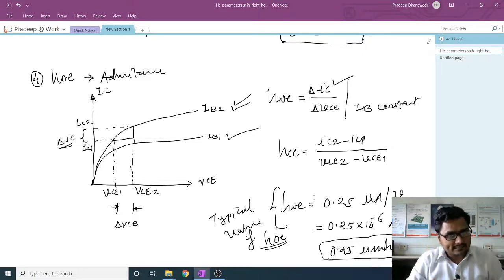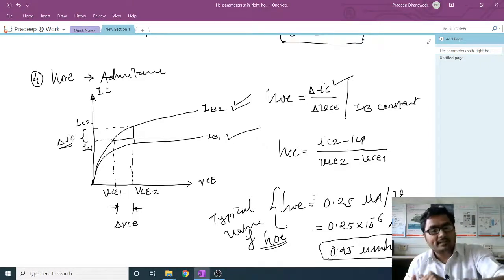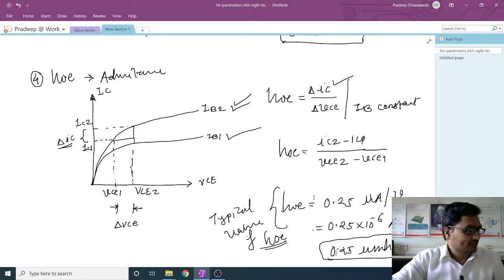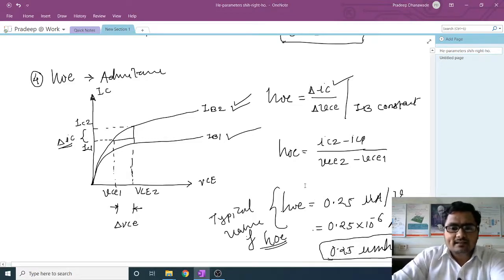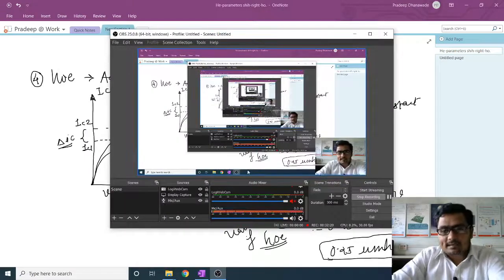You need to take readings, prepare an observation table, and plot the graph. When you finish with the graph, you need to apply this concept to your graph and find all those H parameters. In the next lecture, we will start with the actual analysis of an amplifier using the H model. Thank you.